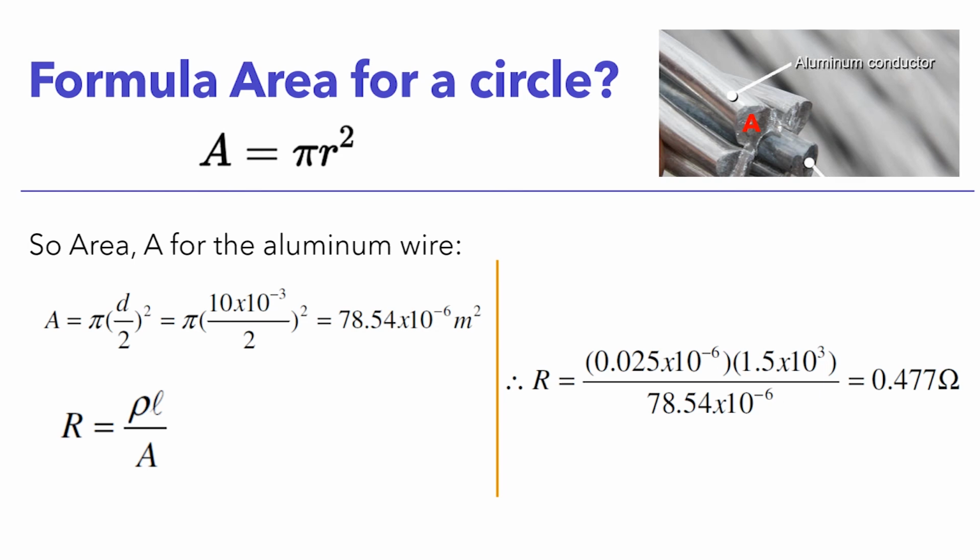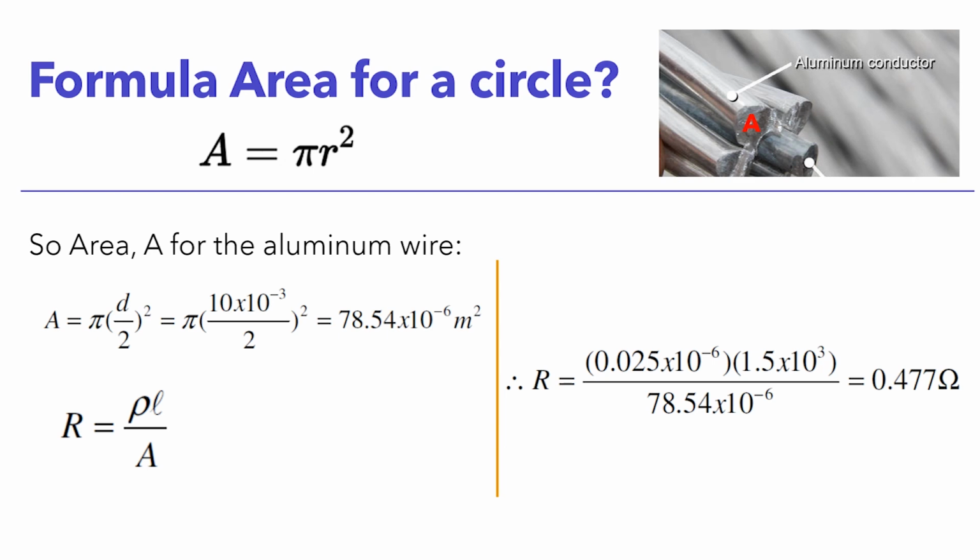Everyone got this answer? Now we get the area. So by using this formula, R equal to rho times L divided by A, we substitute the value.